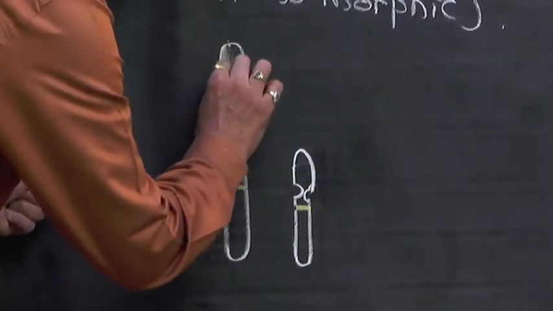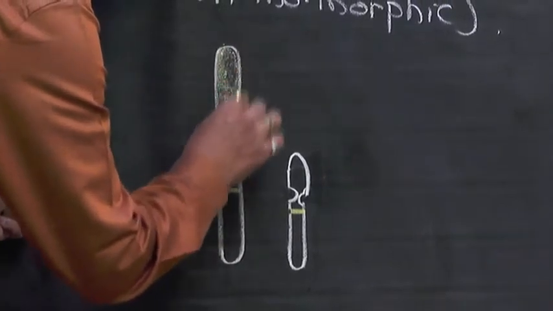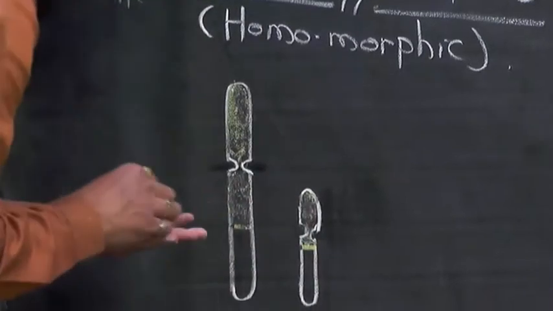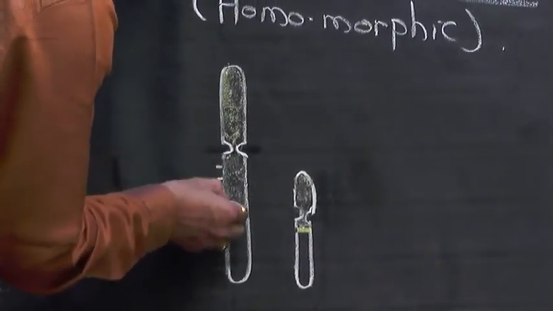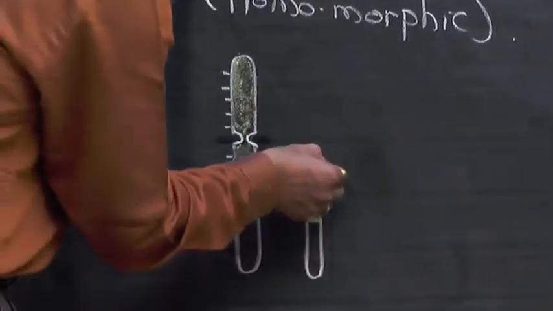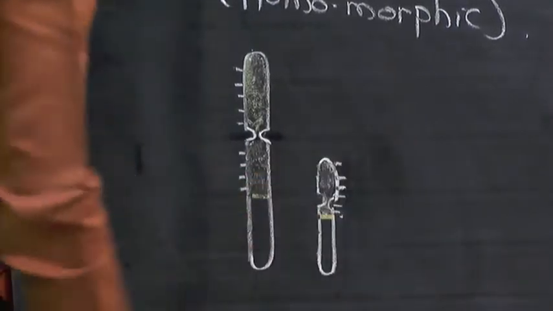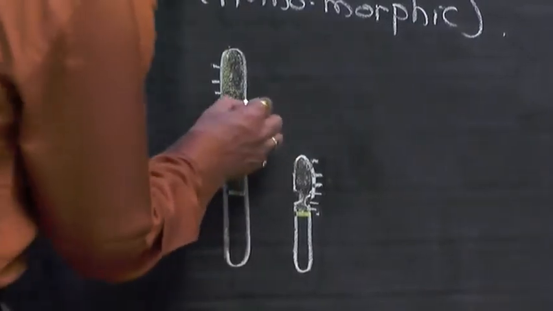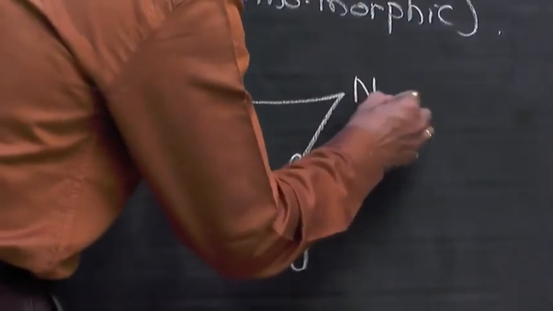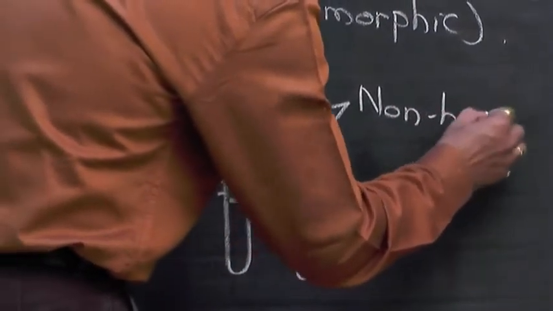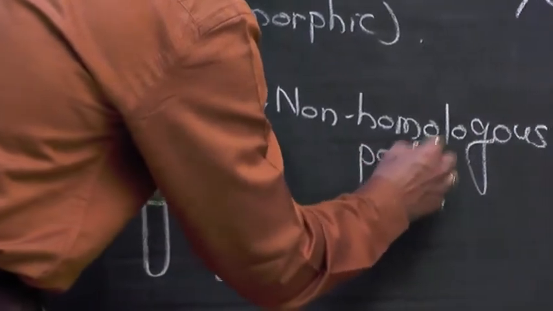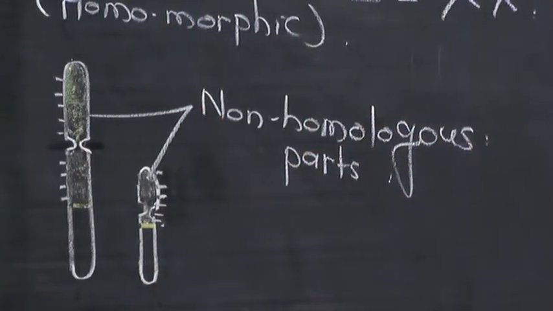Now consider this upper part of the X chromosome as well as the Y chromosome; it shows non-identical genes and therefore these upper parts, which I have shown with the help of yellow chalk, represent the non-homologous region, or non-homologous parts.